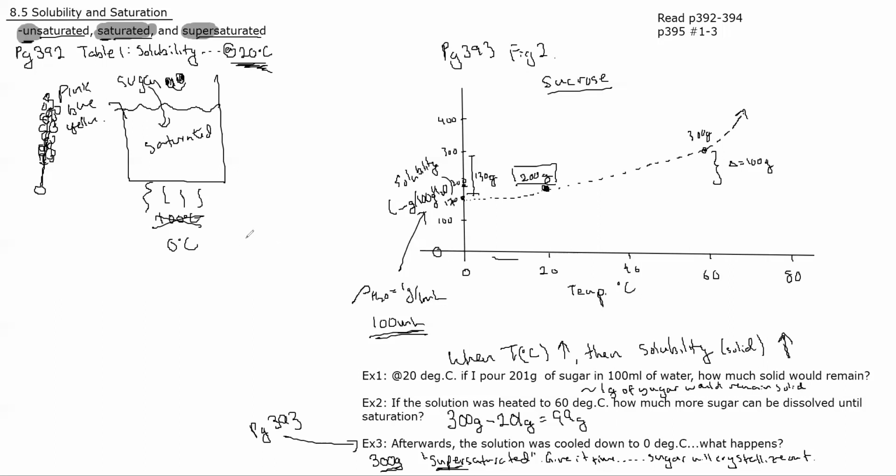And as soon as that happens, what the heck? This becomes supersaturated. The amount of sugar that the solution can hold at 100 degrees is so much more than what it can hold at 0 degrees. And so what happens? All that sugar that cannot be dissolved, there's no space for it anymore. As the water molecules slow down, it will have to crystallize.